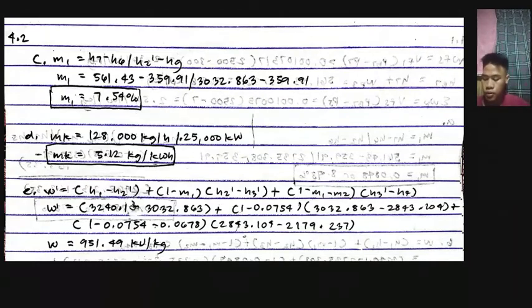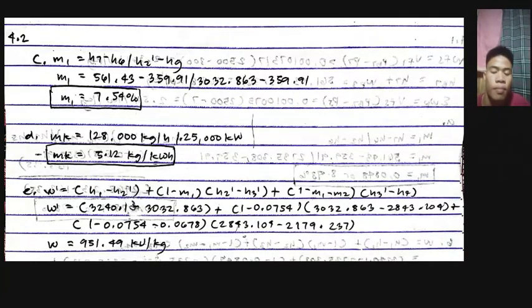So let's proceed for letter E. So W equals (H sub 1 minus H sub 2) plus (1 minus M sub 1)(H sub 2 minus H sub 3) plus (1 minus M sub 1 minus M sub 2)(H sub 3 minus H sub 4).